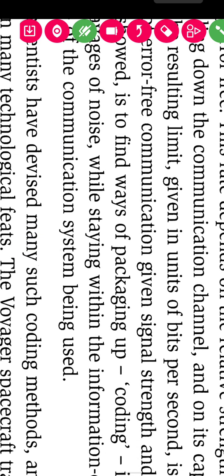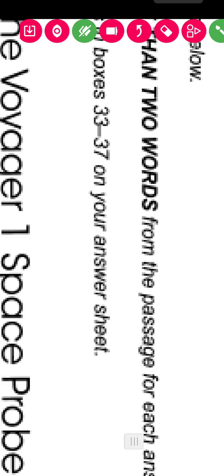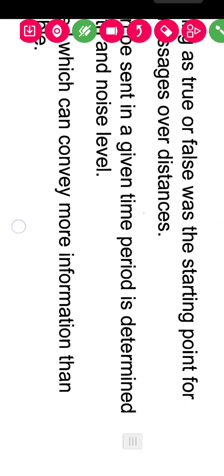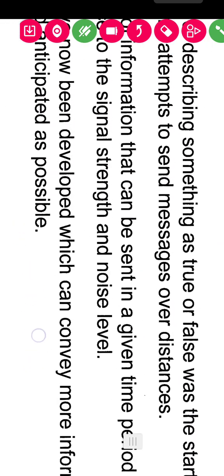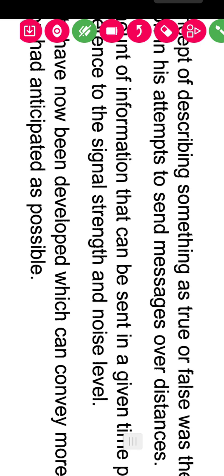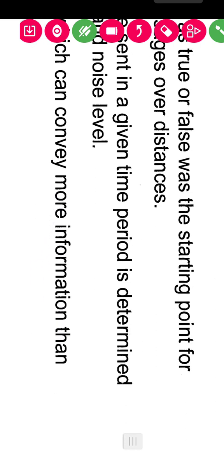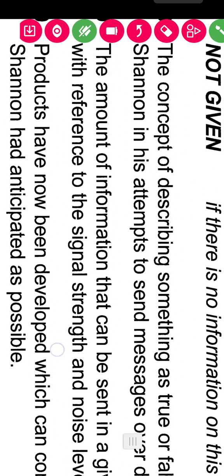So this is the answer. It is mentioned something opposite, because in the question it is said that noise and strength is calculated only for a time period. It means we can only calculate the noise and strength up to some time limit, not more than that. But it is mentioned there we can calculate the noise and strength with the help of bits.